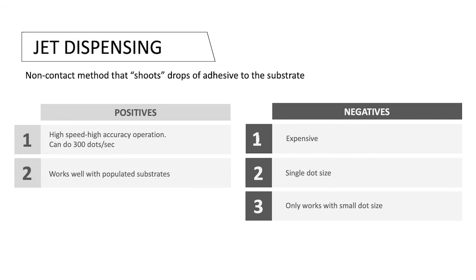You can also dispense droplets of material on three-dimensional objects such as stacked die or substrates that already have surface mount devices attached to them, because you instead have the jetter hovering over the parts rather than a needle which might strike the side of a die and have difficulty getting into tight geometries. Unfortunately, this is one of the most expensive processes and pieces of equipment in the standard set of dispensing systems that we're covering today.